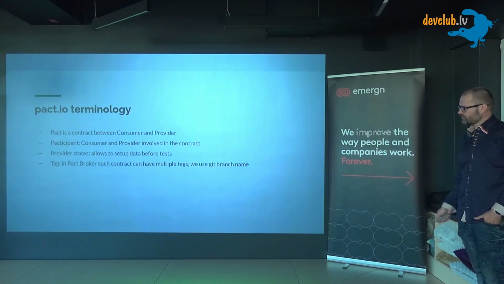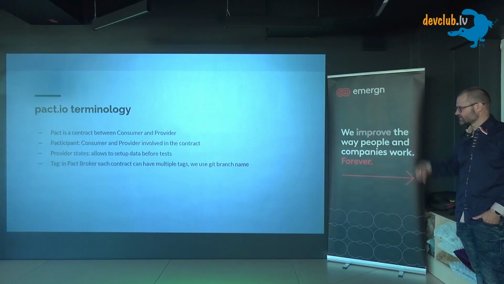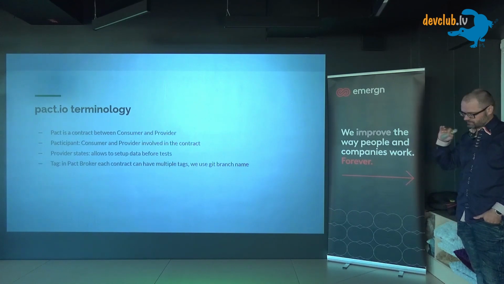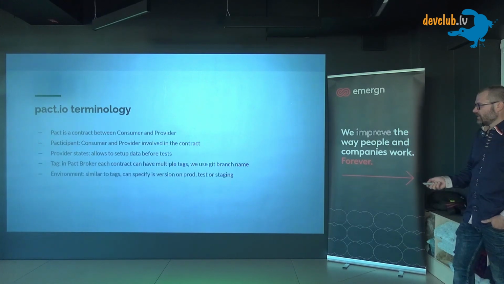And tags are messages you can attach to the contract version. You can later filter those contracts using those tags. So we use the branch name as the tag, so we can later find just the versions that are currently being worked on.